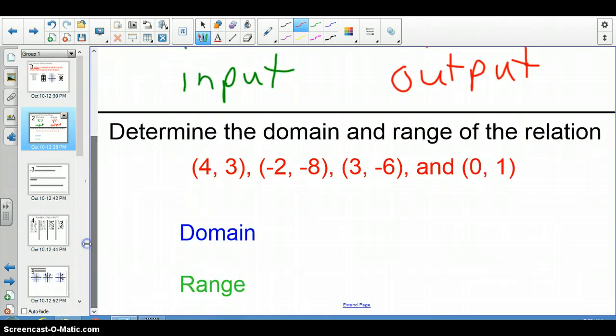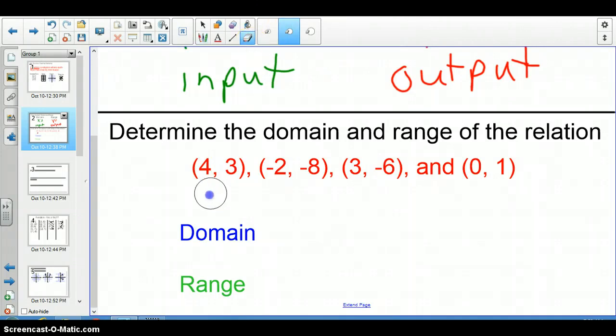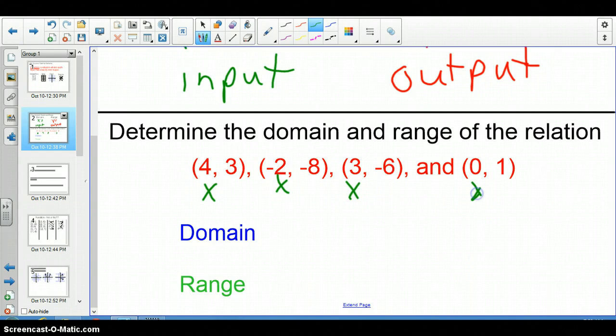Now determine the domain and range of the relation. So here's a relation of numbers. We have a group of numbers. Our domain is all of our x's. So we could just list them. So our domain, this is 1x. Okay, here's an x, here's an x, here's an x.